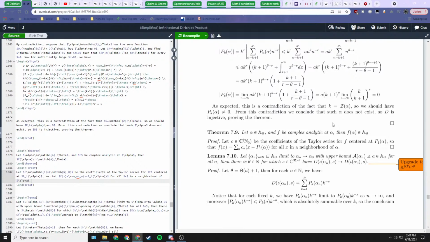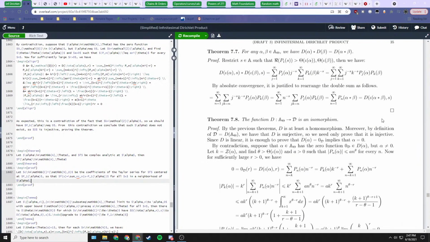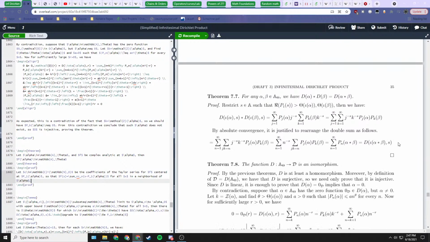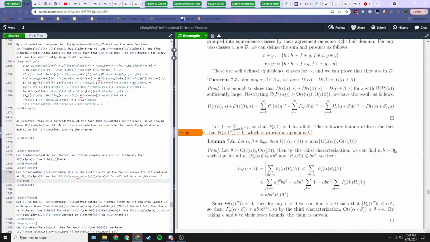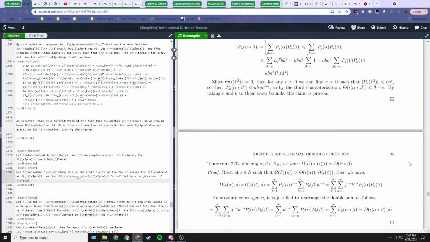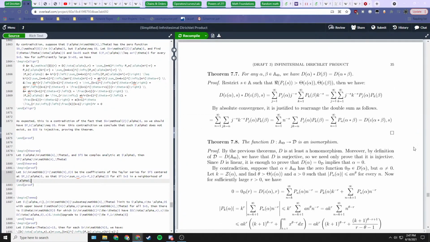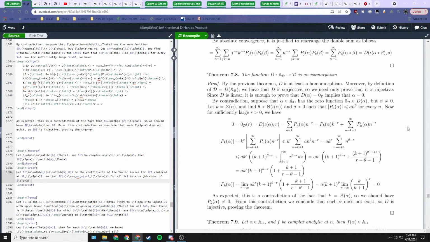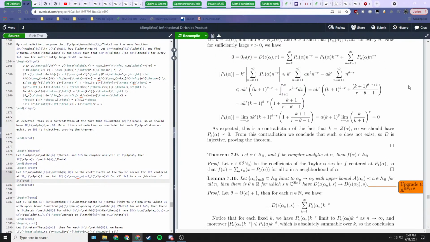Let me think on how I want to do this. Because we have all these nice theorems here. I don't want to interrupt the flow, but I also don't want to just relegate these to an appendix, because none of this notation is introduced in the paper.